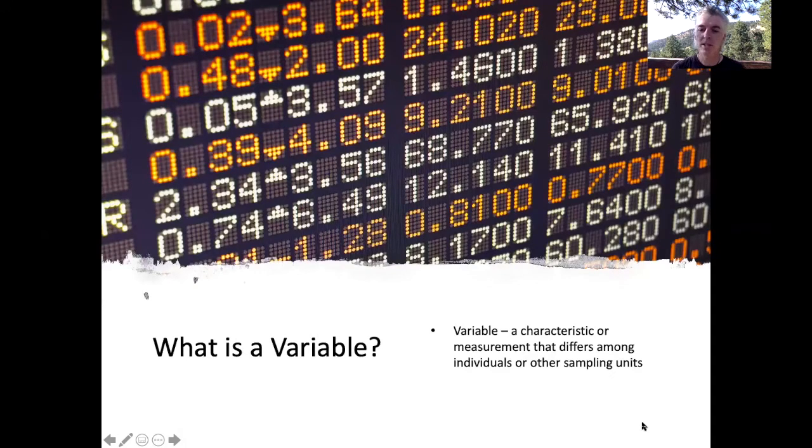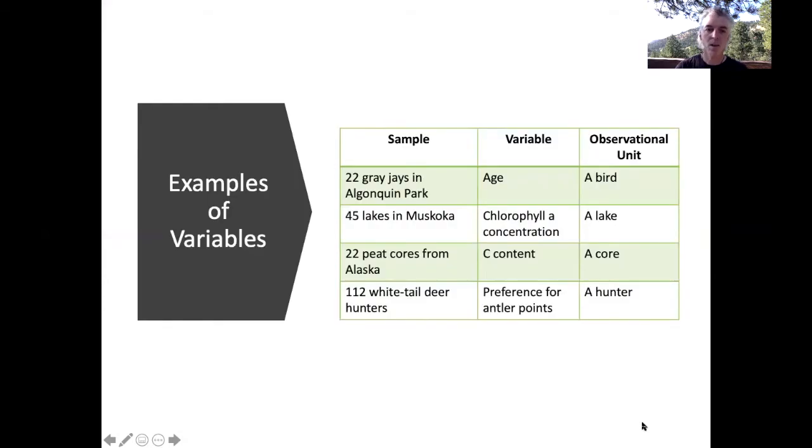A variable is just any characteristic or measurement that differs among individuals or other sampling units. So these are the things that we're measuring either as a response variable or maybe a predictor variable in our statistical sample. For example, you might collect a statistical sample of 22 gray jays in Algonquin Park. And for each of those jays, you might measure the bird's age.